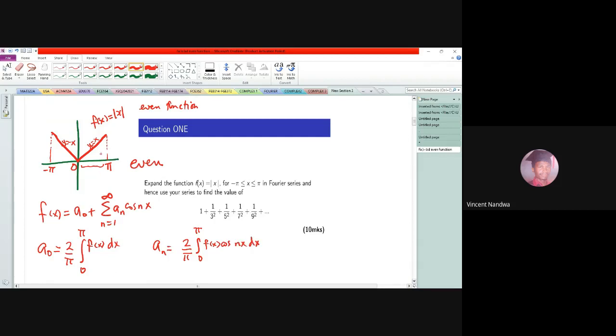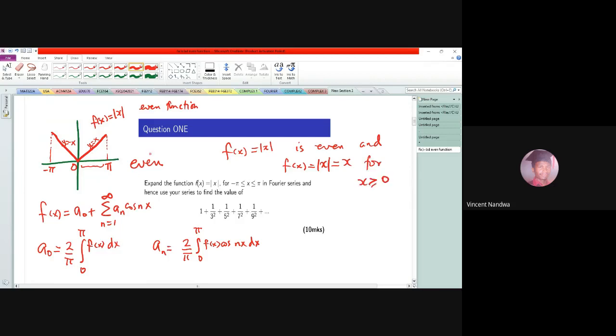So in this, we take the positive piece that defines this function. Remember that this f of x is even, and the function f of x is the same as x for x greater than or equal to 0.